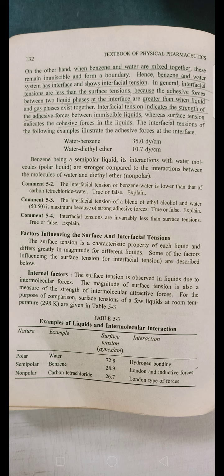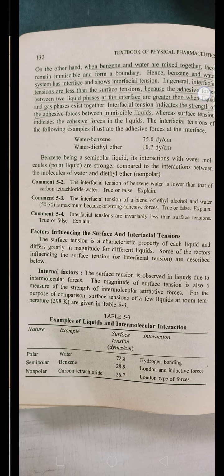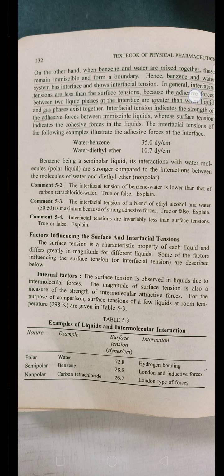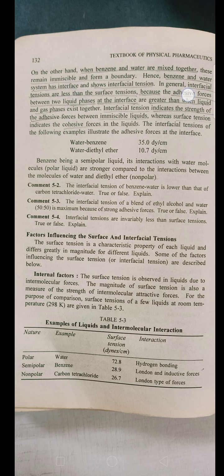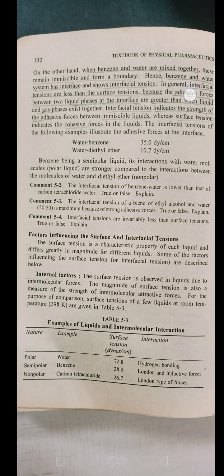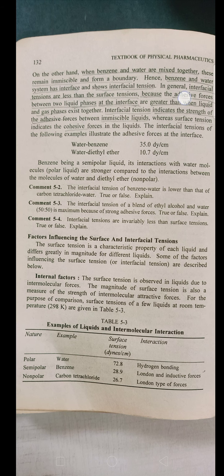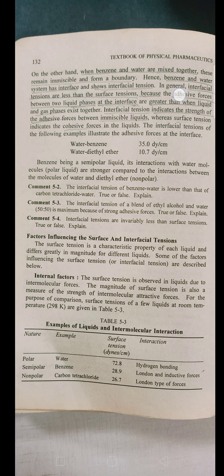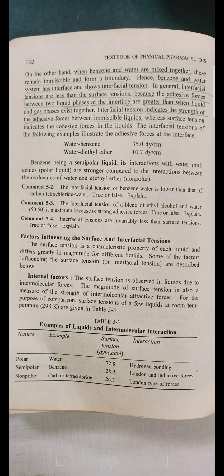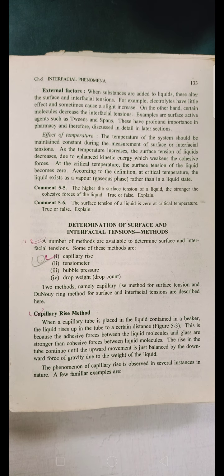Okay, internal factor માં શું આવે? તો effect of intermolecular force, right? અંદરનું intermolecular force વધારે હોય, જેમ વોટર છે તેમાં અંદરનો ફોર્સ વધારે છે, so it has more surface tension. Semipolarમાં it has less intermolecular forces, right? So it has less surface tension, and in the non-polar then it has less interfacial tension, right?